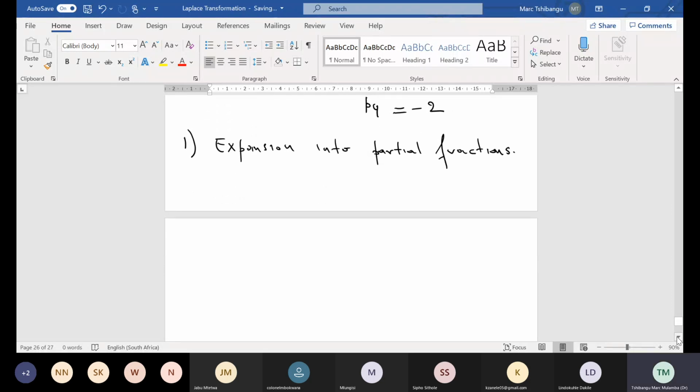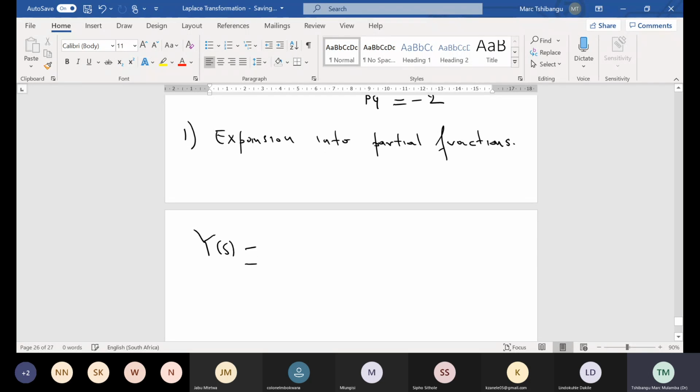So what we do is Y of s, which is equal to 1 over s plus 1 cubed into s plus 2. I think I need space. Let me just rewrite this, keeping in mind that I will need space.